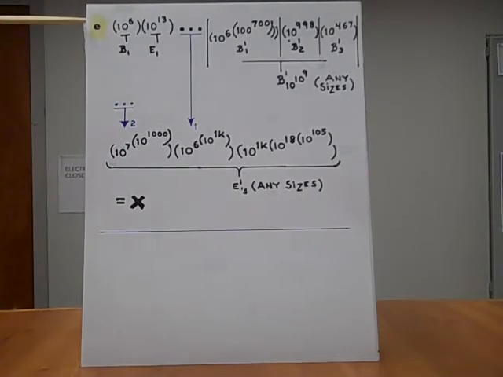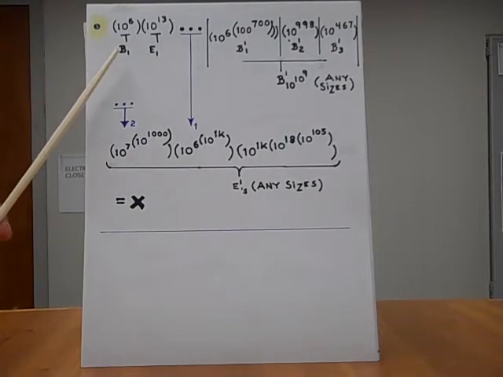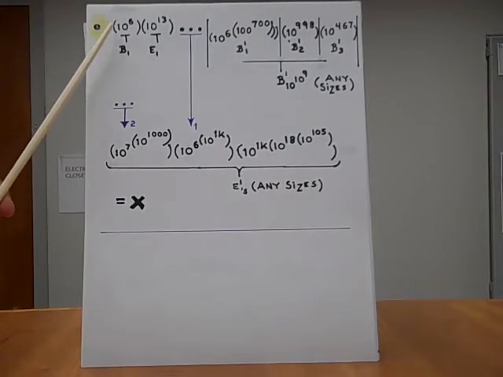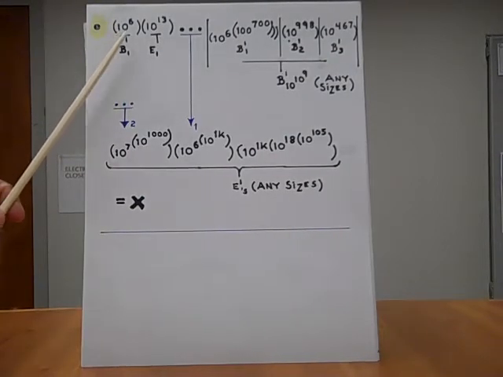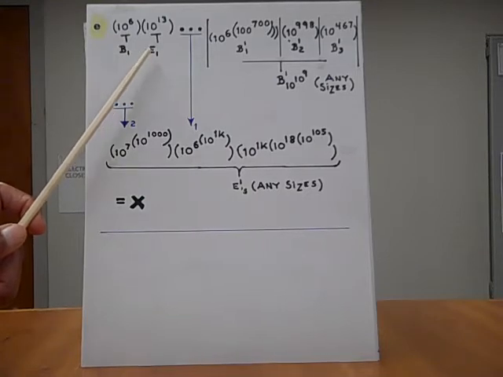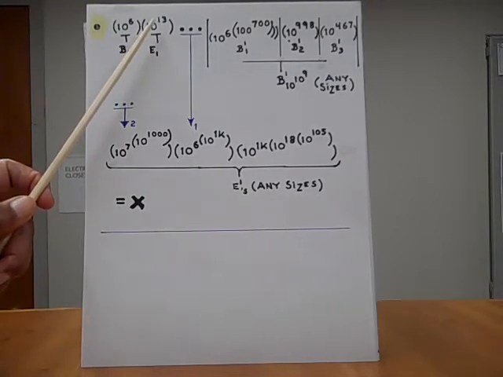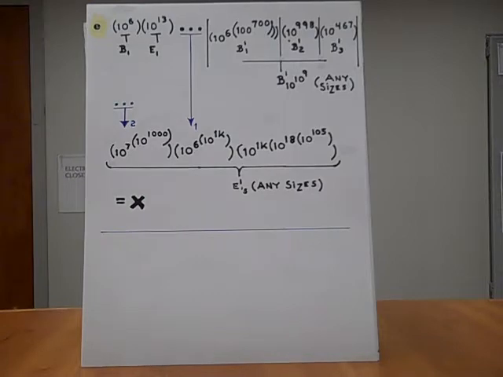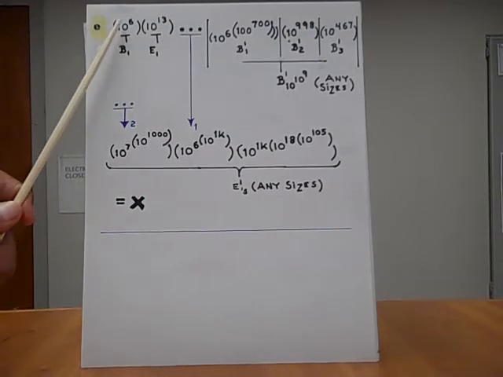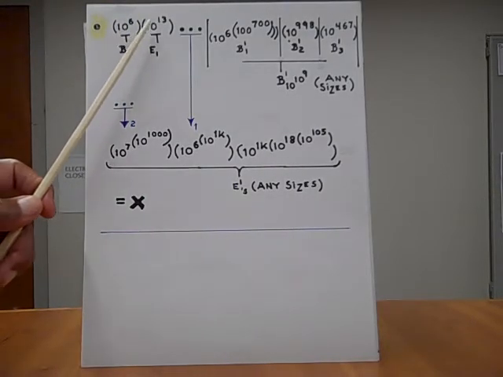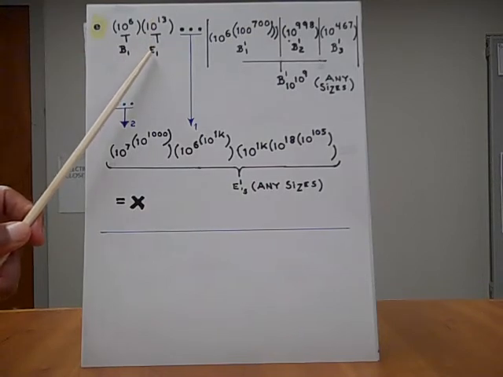We'll go to E now, of the form of E for second order exponents. For B number 1, here's 10 to the 6th power of bases, and the number of exponents here is 10 to the 13th power. Misread. 10 to the 6th power is the base, taken to 10 to the 13th power, which is the exponent.